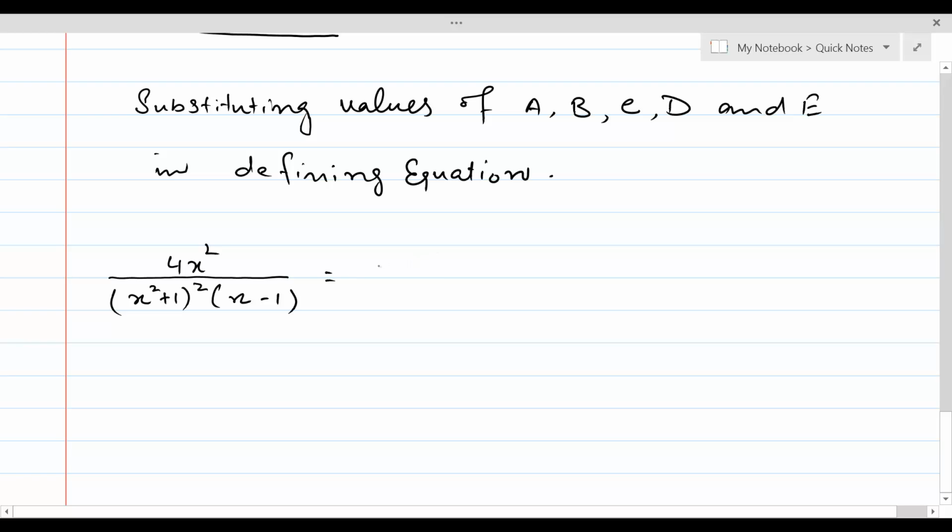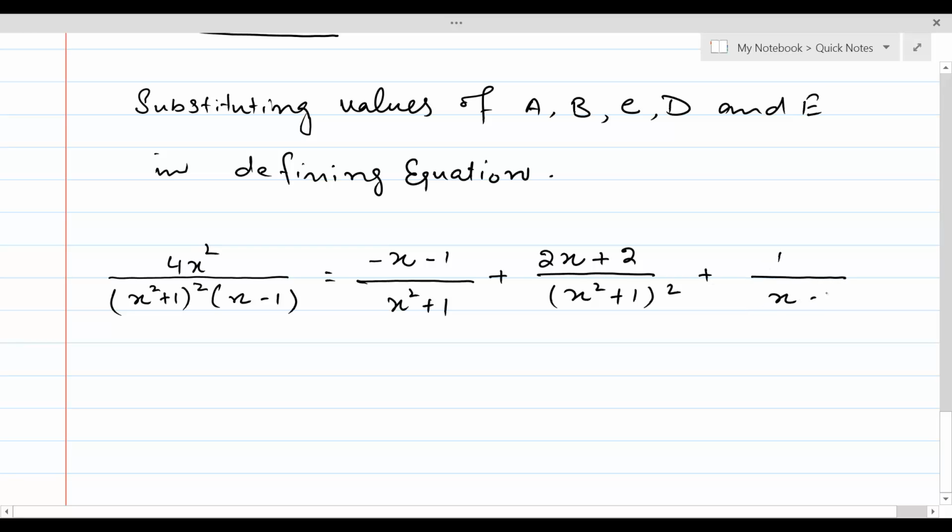That is minus 1, so this would be minus x plus B, which is minus 1, over x² plus 1, and the value of C is 2, so 2x plus D, which is 2 again, over (x² plus 1) whole squared, and the value of E is 1, so plus 1 over x minus 1.